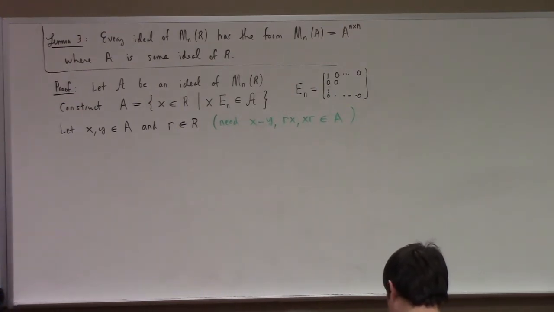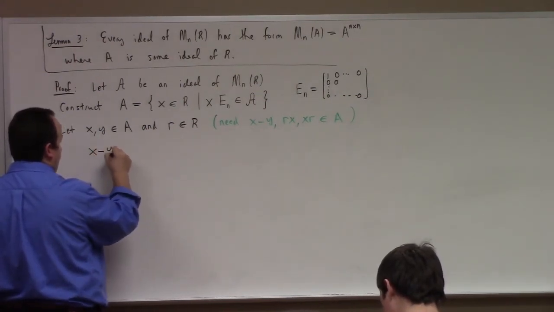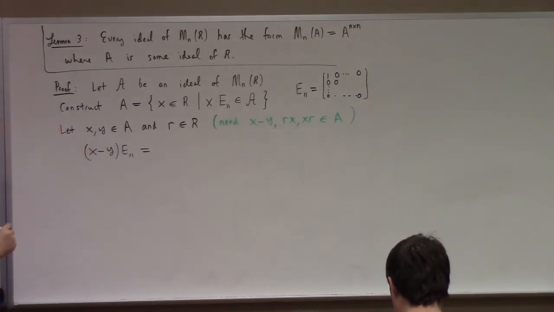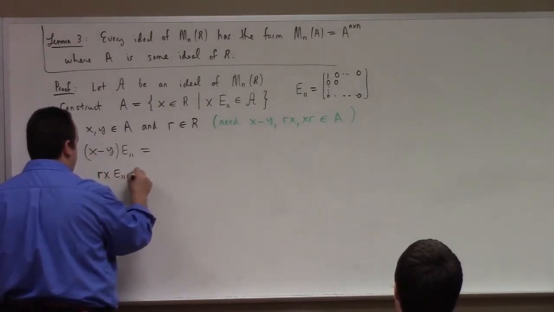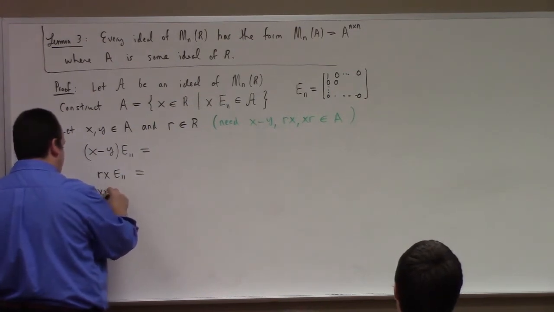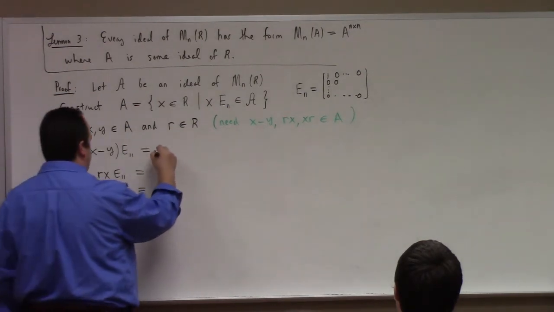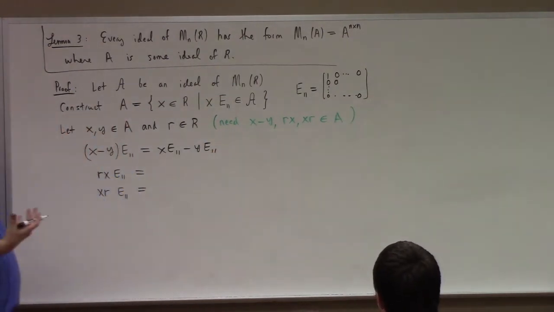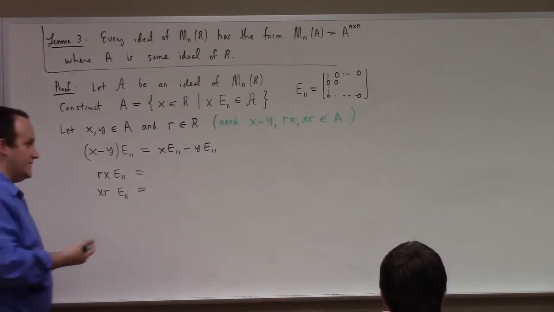Okay, so what happens here? If we look at x minus y times E11, what do we get? And what happens when we look at Rx times E11? What happens when we look at xR times E11? The first one's the easiest, right? Because this just gives us x times E11 minus y times E11, which is a difference of things in the ideal script A. But script A is an ideal, so it's closed under differences.